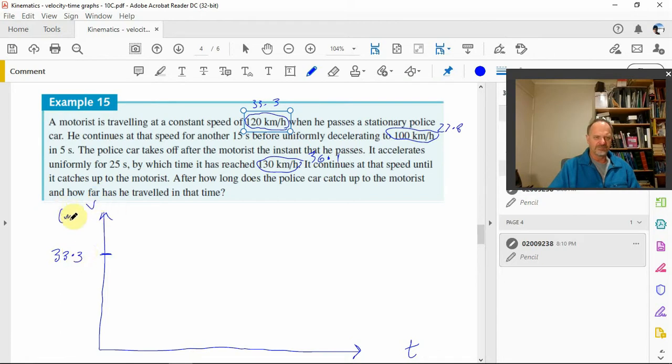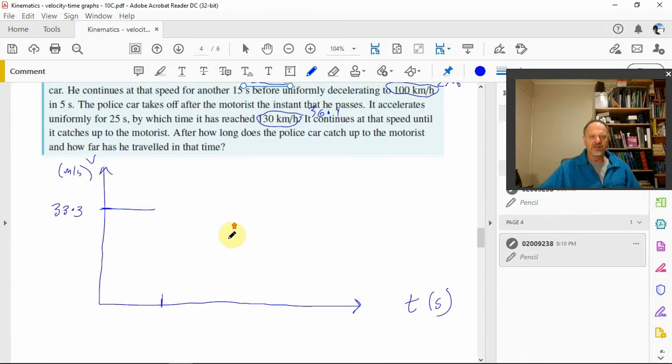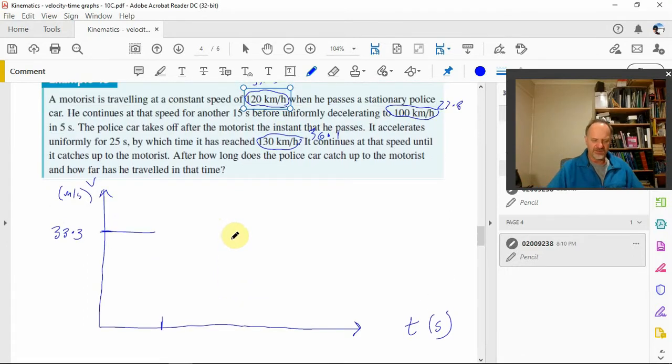He continues at that speed for another 15 seconds before uniformly decelerating to 100. Again, remember, uniformly, straight line, in 5 seconds. So that's another 5, so that's 20. Uniformly decelerating. There we go.